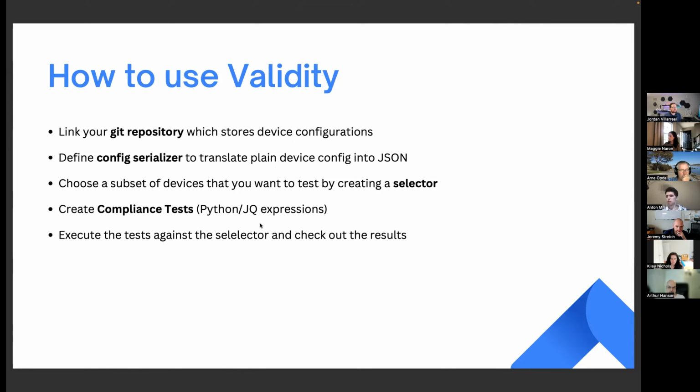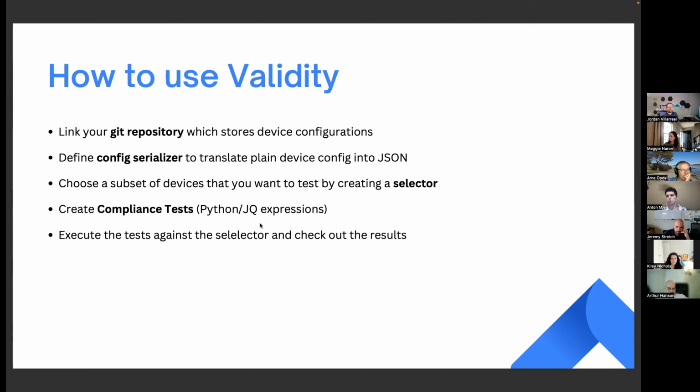First of all, to use Validity, you have to store your device configurations in a Git repository. Then you need to define a config serializer to translate your configuration from plain text into JSON. Then you create a device selector to define a subset of devices which will be a subject for the tests.